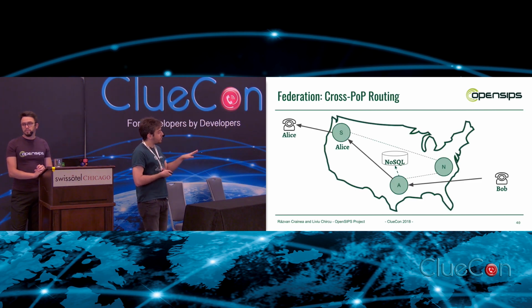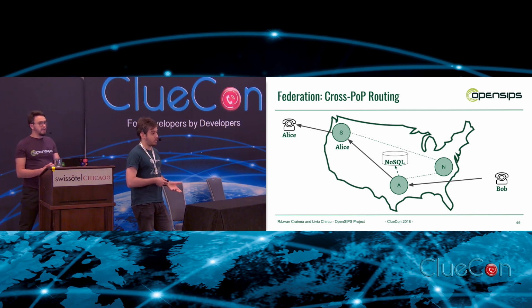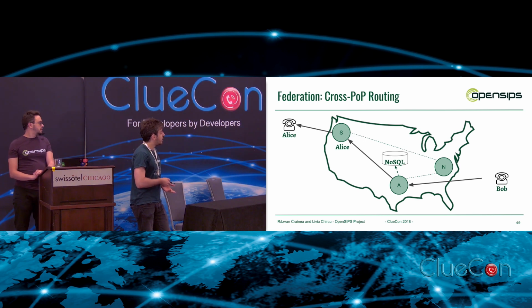Such that when she receives a call on, say, the Austin POP from Bob, the service does the lookup, says, okay, I have Alice up on Seattle, so let's route the call over there, which is the only way of reaching her, by the way. We cannot directly route from Austin, even if we had the data.